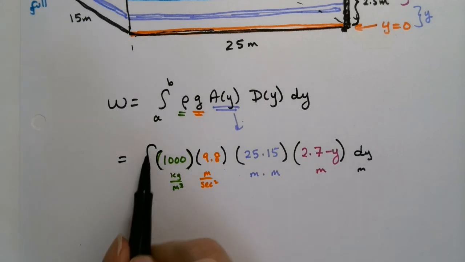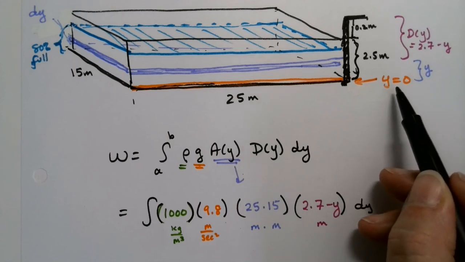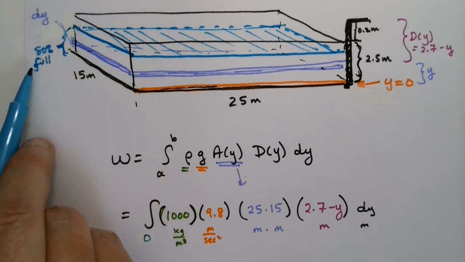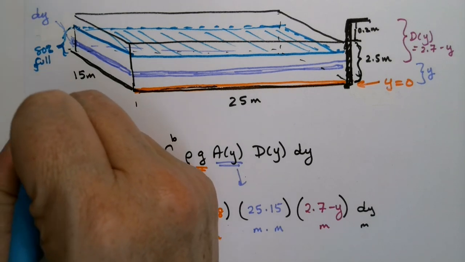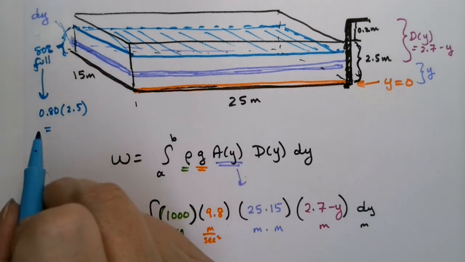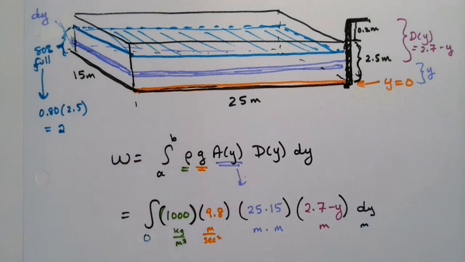All right, now A and B. Well, A will be the low part of the pool, right? Because we're going to raise this water from 0 to where? Here, let me do it in blue. Well, it's 80% full. This is where the 80% comes in. Because if it's 80% full, then I need to know what 0.80 times 2.5 is, which would be 2. It's 4/5. 4/5 of 2.5 is 2.